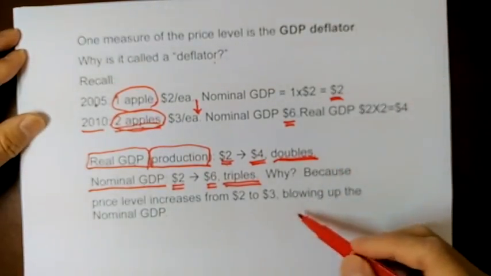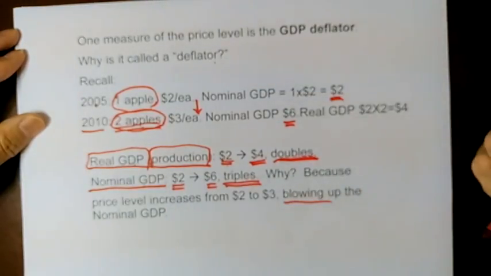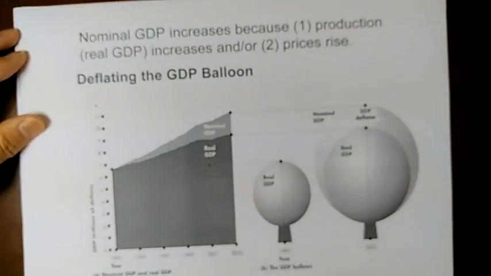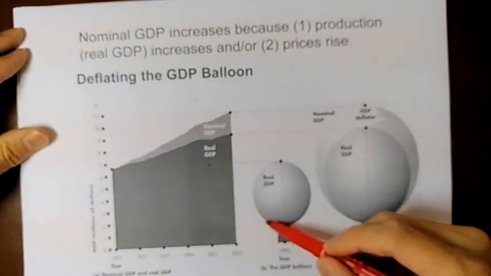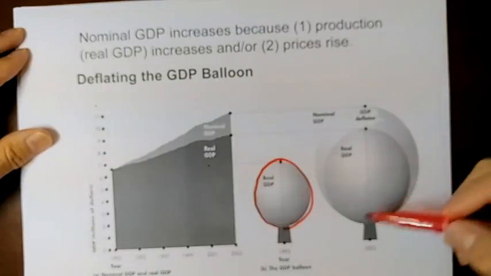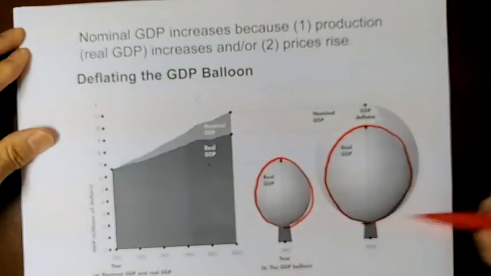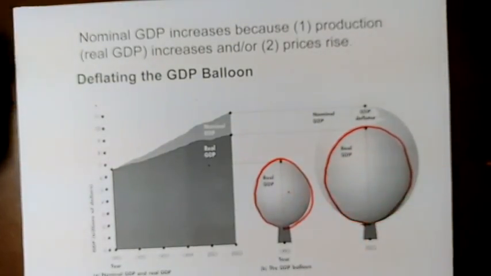Therefore, they blow up the real GDP to the nominal GDP. We can take a look at this picture. This is the real GDP balloon in 2005. Now, real production doubles, so this real GDP balloon should be twice as big as this real GDP balloon.